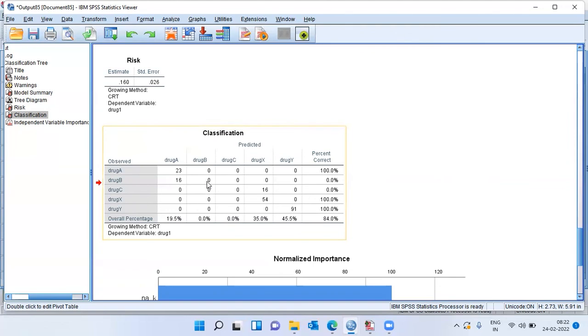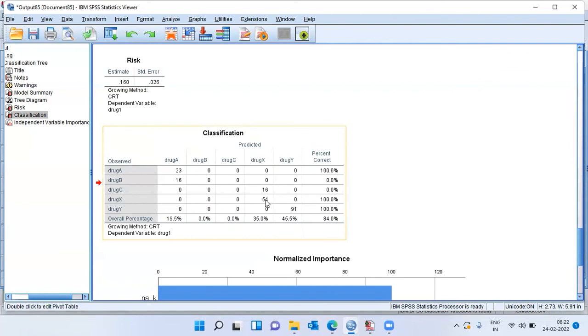Those patients who have earlier responded to drug, this is the observed category. So this is drug B. So those patients who have responded to drug B have been classified as drug A. So this is a misclassification that we are able to see. So in classifying drug B, the model is not that accurate.